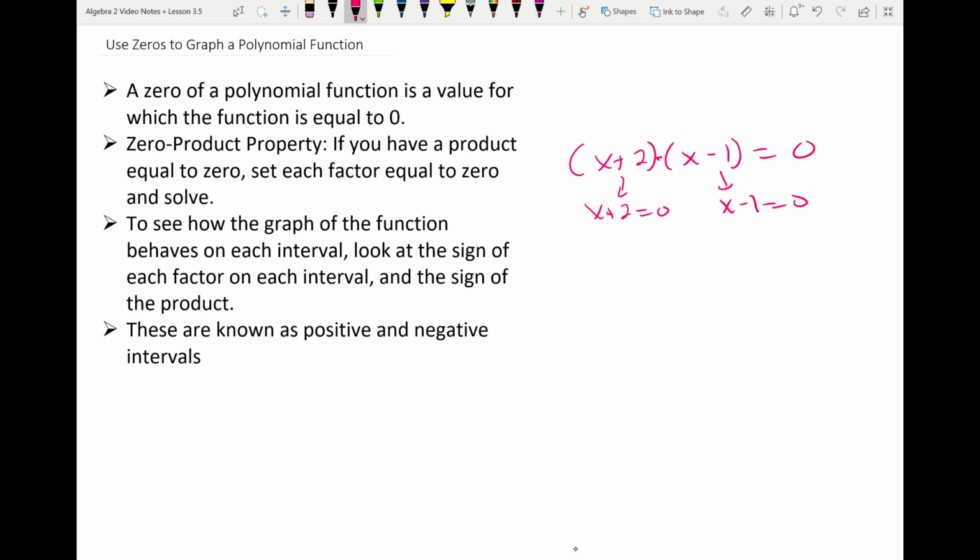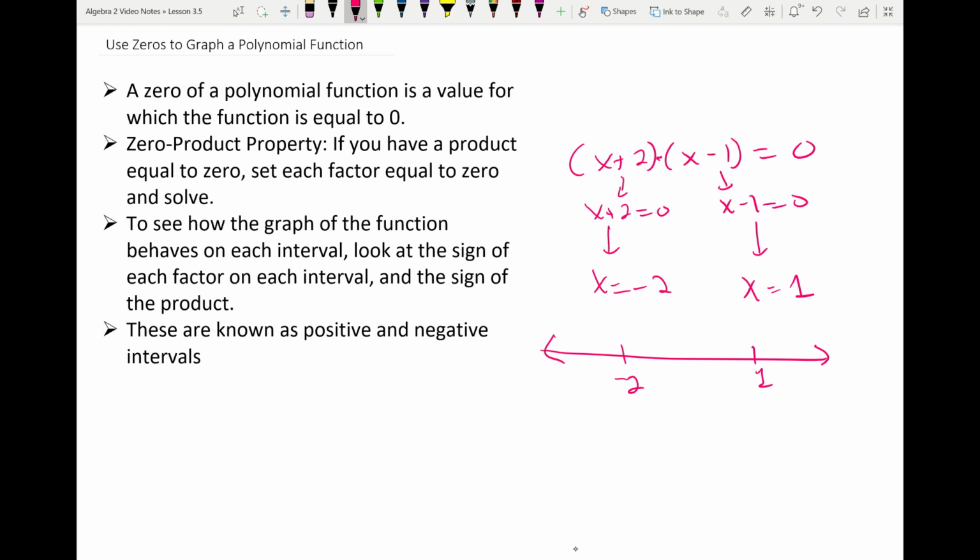To see how the graph of the function behaves on each interval, you want to look at the sign of each factor on each interval and the sign of the product. These are known as positive and negative intervals. With the same problem, here x would have to equal -2, here x would have to equal 1. Then you look at a number line with those numbers, -2 and 1, and look at the signs on each side.